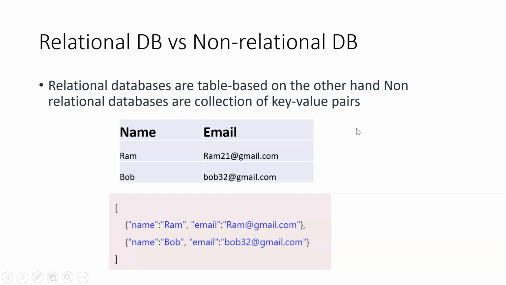Then I need to create another column and insert the values in that column too. But the main thing is we need to create the main structure of the table, especially the columns, first. Then, once it's fixed, we insert the data one by one. So that's the feature of a relational database.